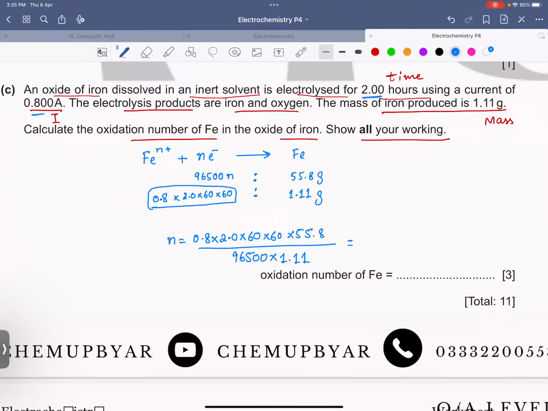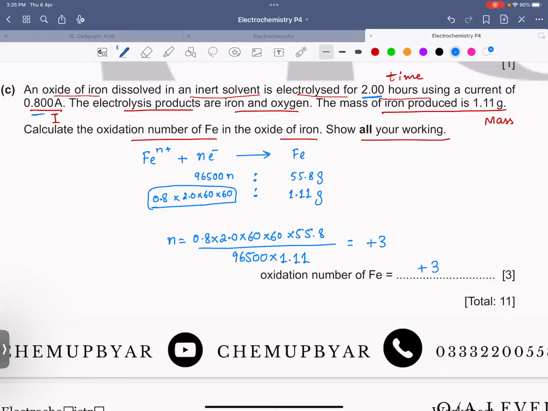But why 0.03? It must be 3. Yes, it's positive 3. So it means the oxidation number of iron is positive 3 over here.